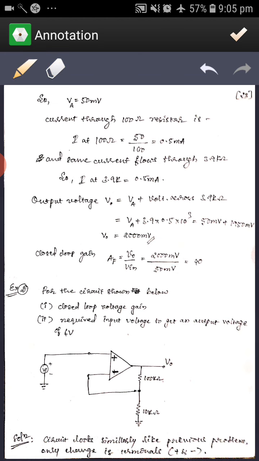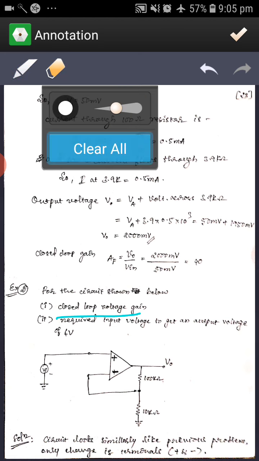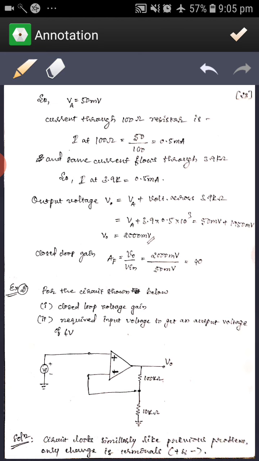If you take the next example and compare it with the previous problem, in the previous problem the input is applied to the negative terminal and the feedback to the positive terminal. Here the input is with respect to the positive terminal and the feedback is with respect to the negative terminal.